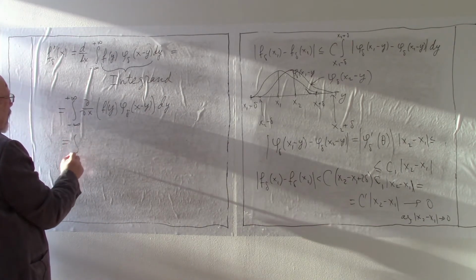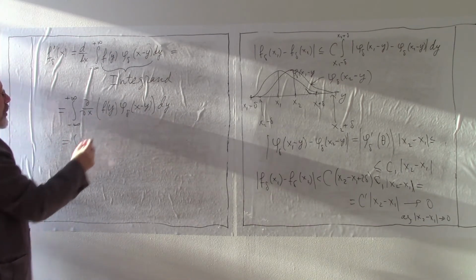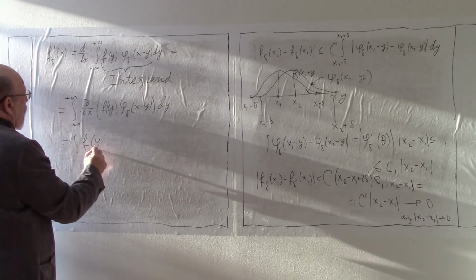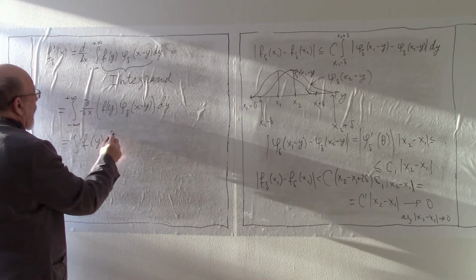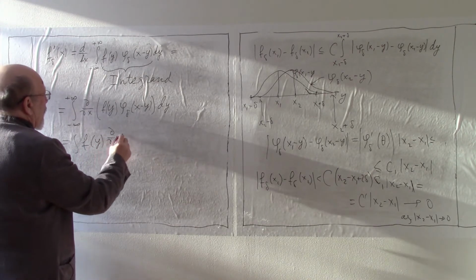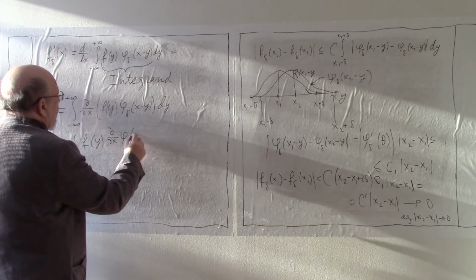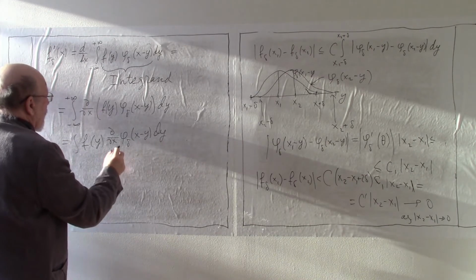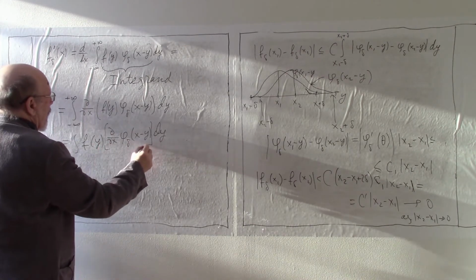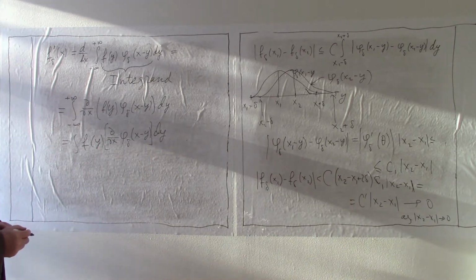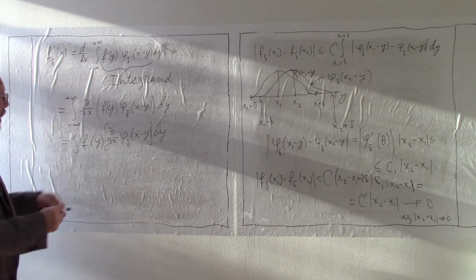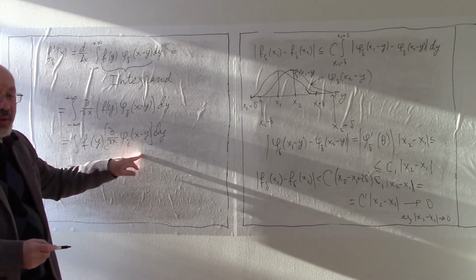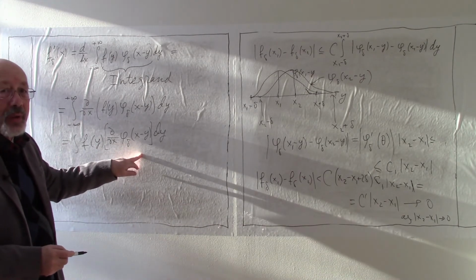It equals the integral, and if you differentiate, f of y does not depend on x, so we get f of y times d dx of phi delta x minus y dy. Phi delta is a differentiable function, in fact infinitely many times differentiable.